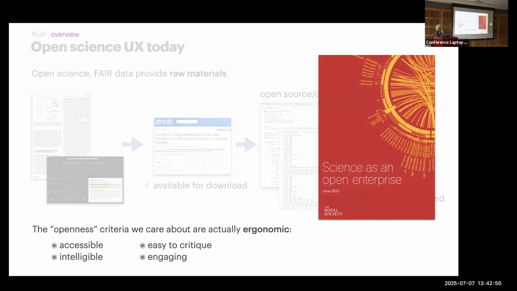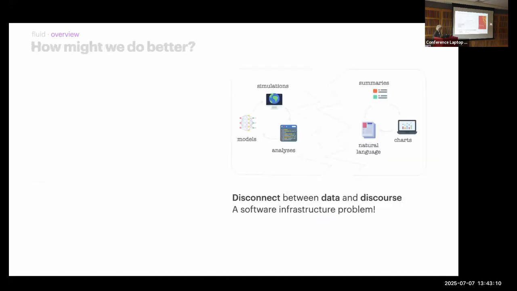The case they make is that the openness criteria we actually care about are ergonomic in nature. So we're interested in intelligibility, ease of criticism, engagement, accessibility, and so on, rather than just the structural properties that things like FAIR data have focused on.